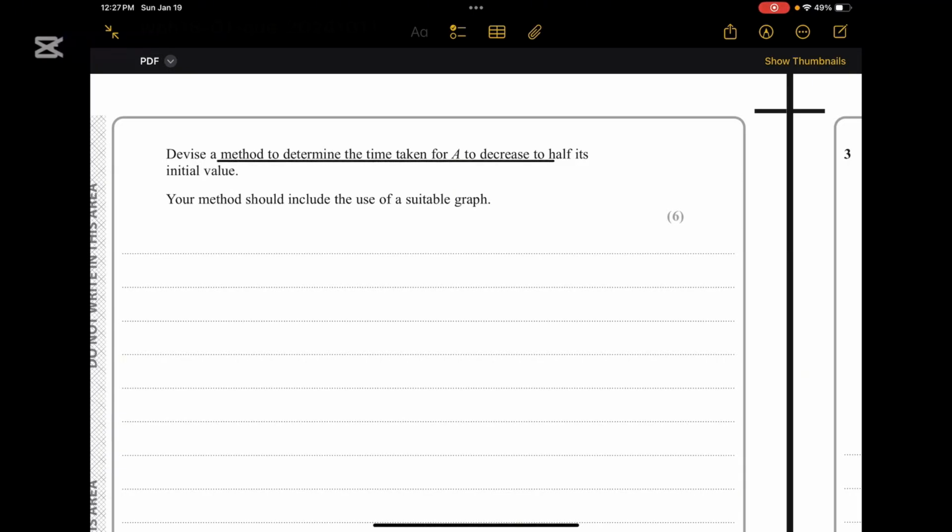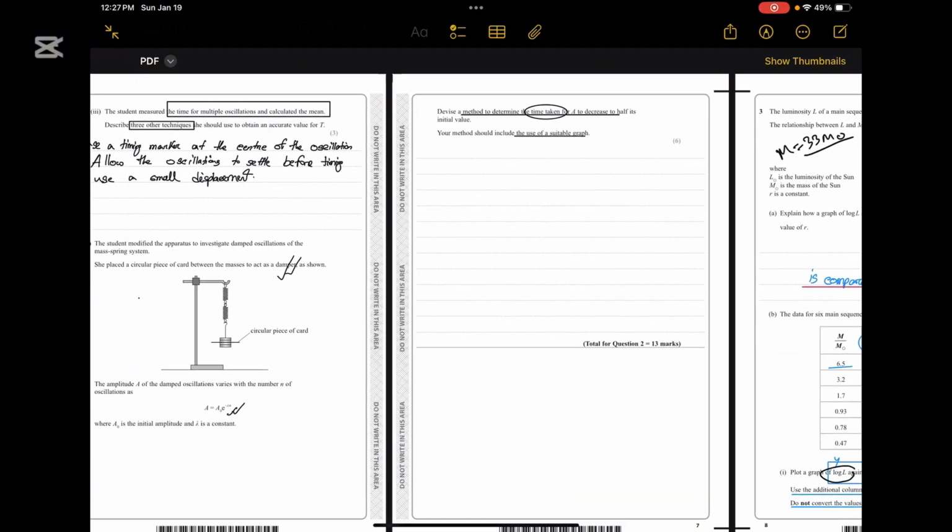So regarding the time taken to halve, use of a suitable graph. Okay, very good. So they have said use a suitable graph.